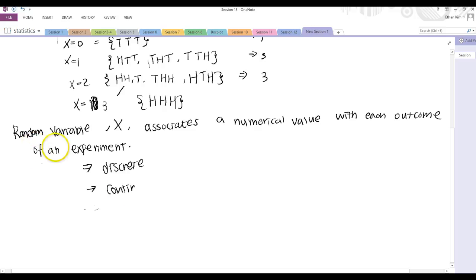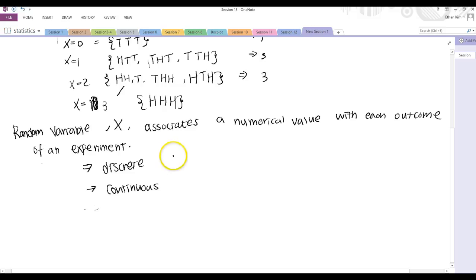And most of the time, continuous happens a lot more often, and this is more prevalent in daily life, because, for example, if you're looking at time, it's a continuum. It's not a discrete value where we're looking at 7 o'clock or 8 o'clock. If we're looking at weight or height, all those values are continuous.